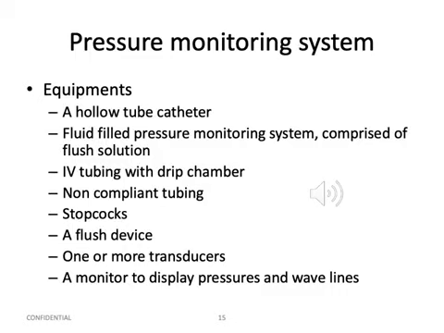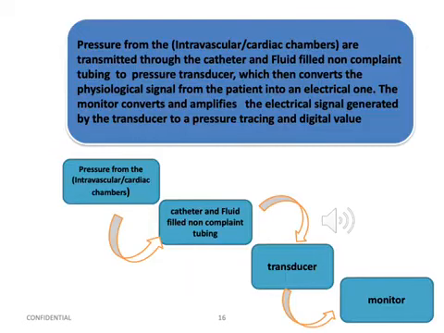We will talk about the function of each part of this system. Sometimes we need more, for example a stopcock, the fluid we usually use, and a fluid device with IV tubing and a drip chamber. That is also equipment we might use.